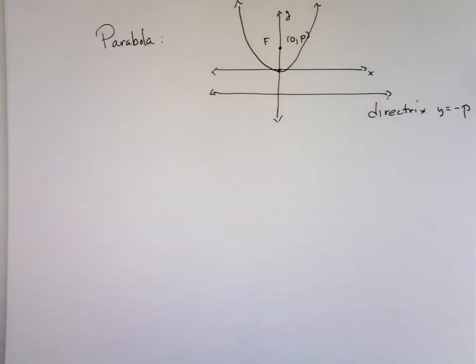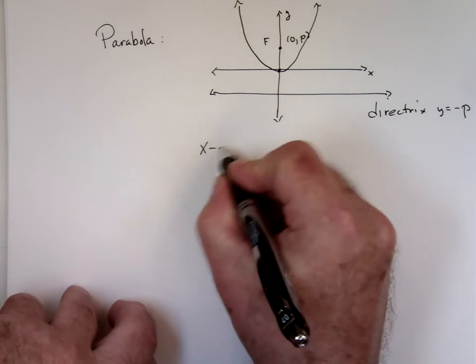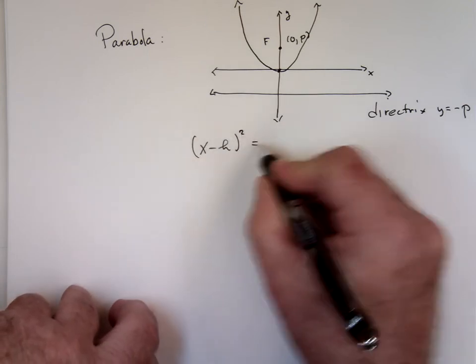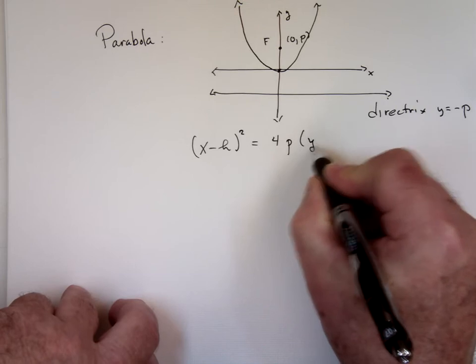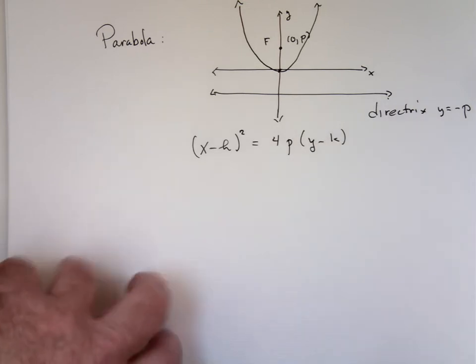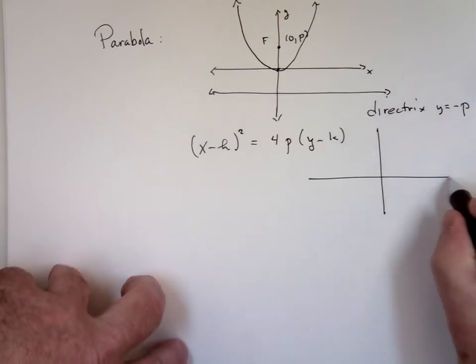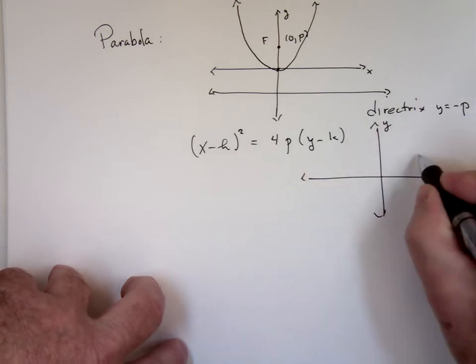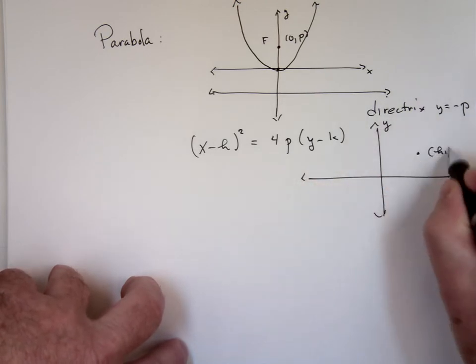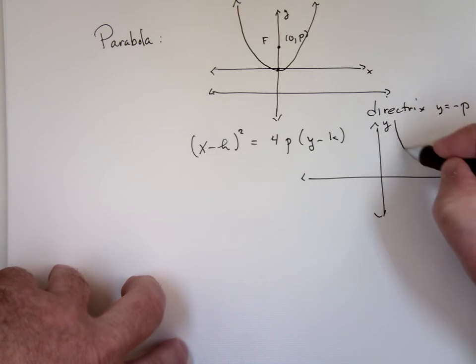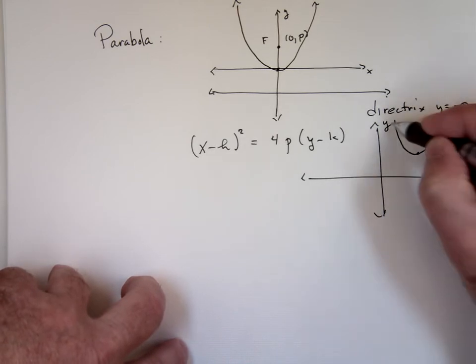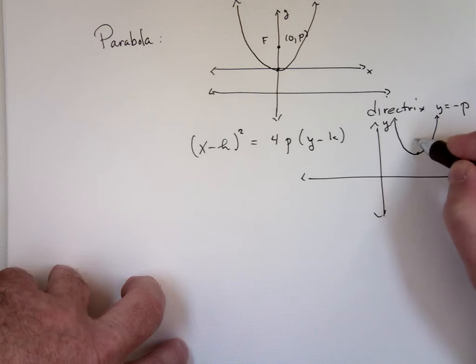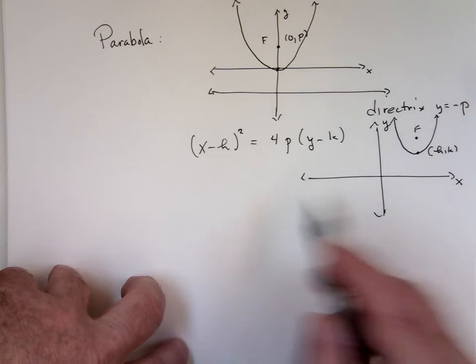The general equation of that parabola, we found out, is (x minus h) squared equals 4p times (y minus k). This gives us a parabola with a vertex at (h, k). The distance from the vertex to the focus is p.